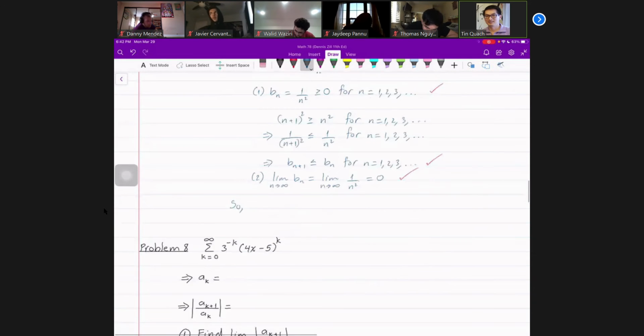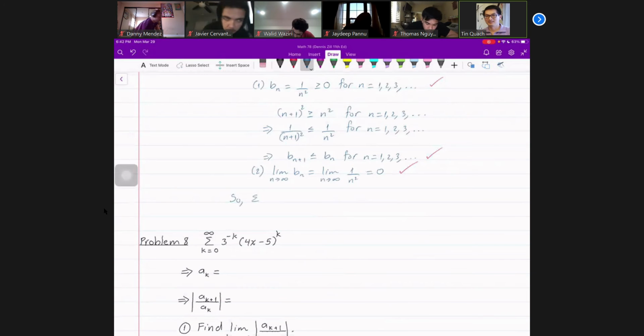So this series converges. And you always state the reason, by the alternating series test.